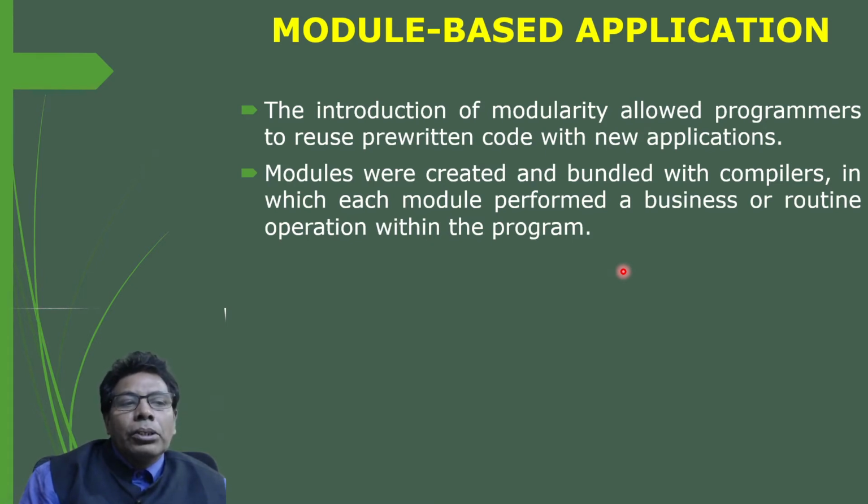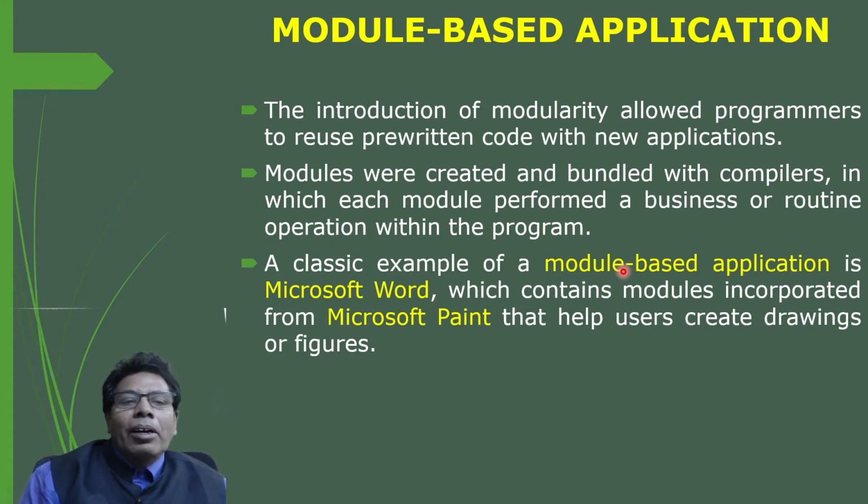If you want to reuse that pre-written code, it is put into a module, and then we can just compile it and do certain business operations with the help of that. If you take the example of Microsoft Word, it has certain modules which are taken from Microsoft Paint that help users to create drawings or figures. So that is how the module based application will work.